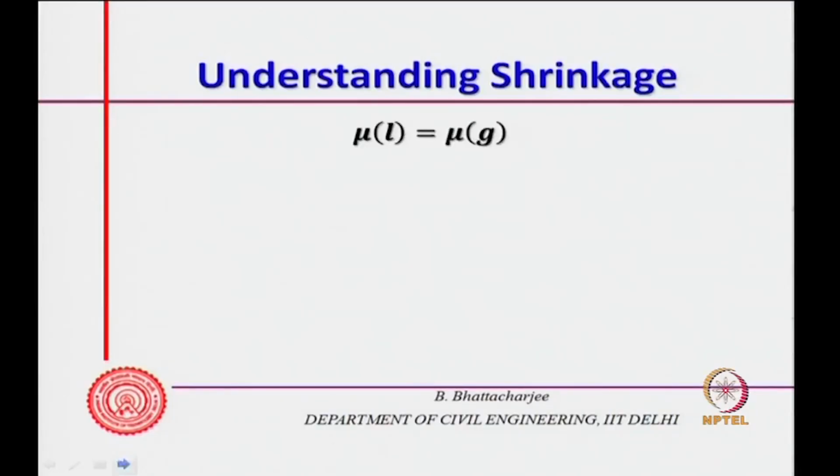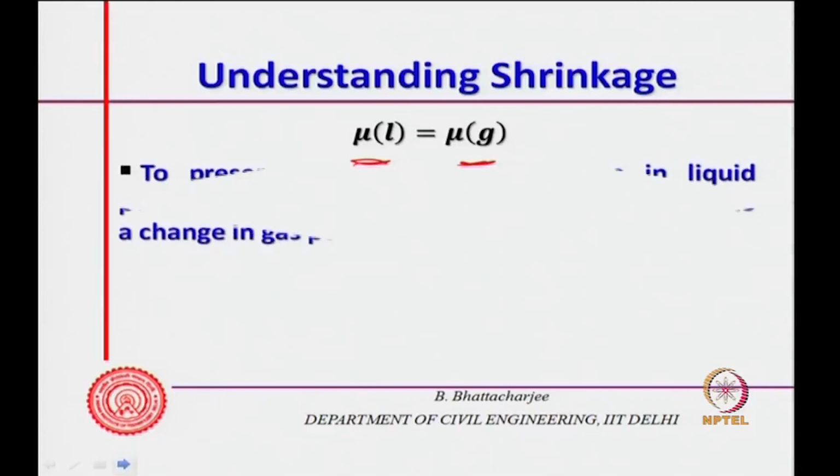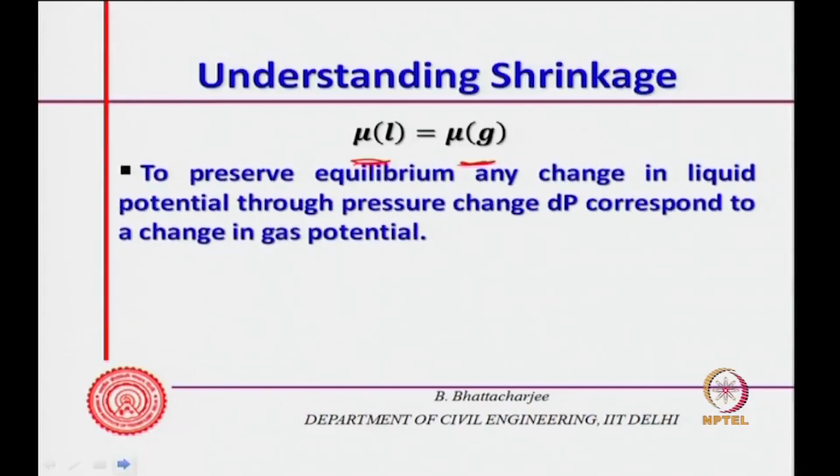So, if I write chemical potential mu L of the liquid must be equal to mu G at equilibrium, and if I have to preserve this equilibrium, any change in liquid potential through pressure change dP must correspond to a change in gas potential, right.